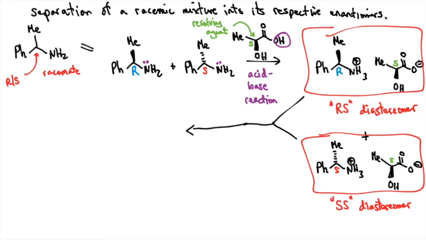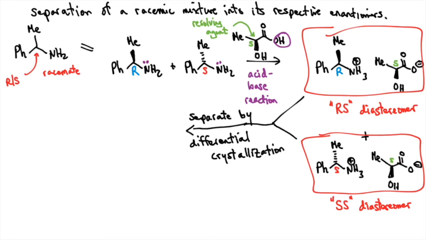And so we separate them by a process known as differential crystallization. They have different properties, which means they have different solubilities in organic solvent. It is likely that one of the diastereomers will be much more soluble than the other.